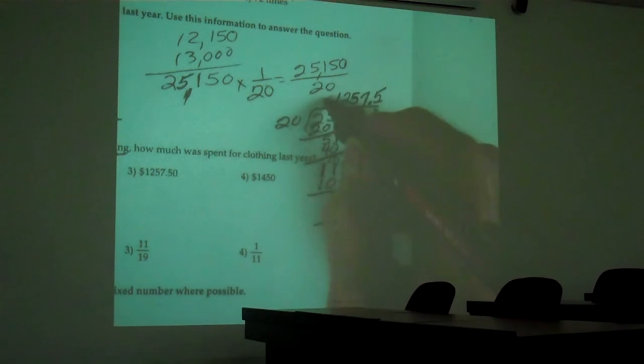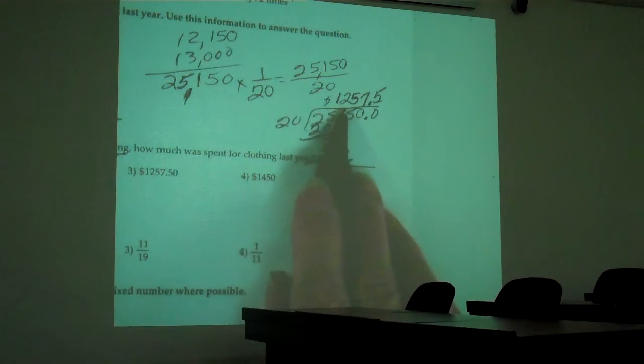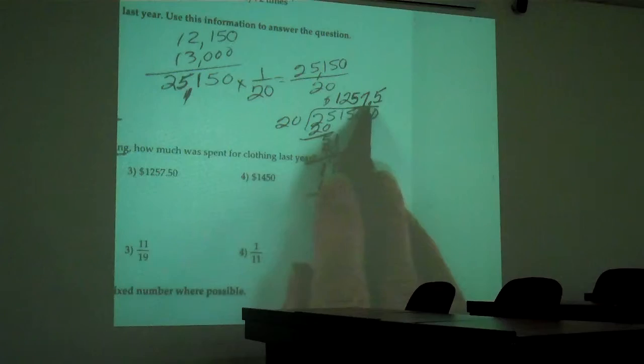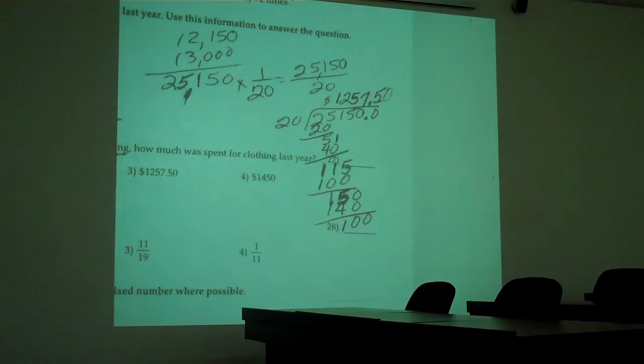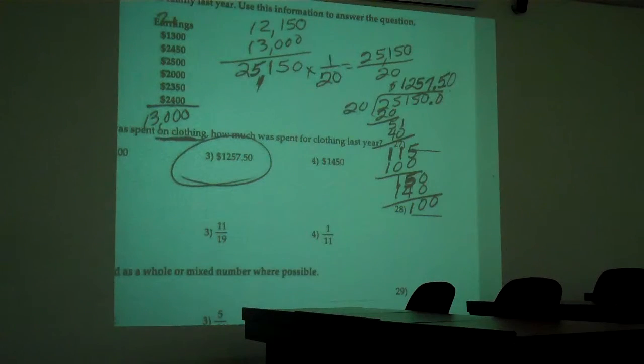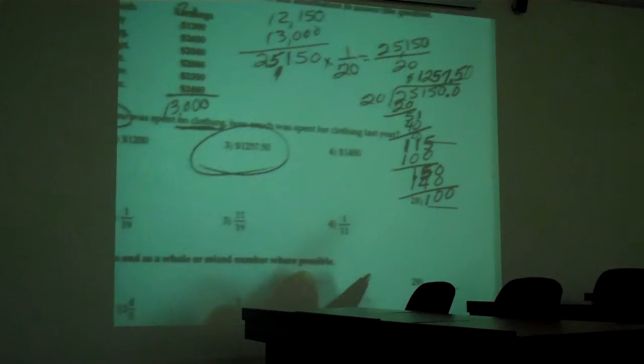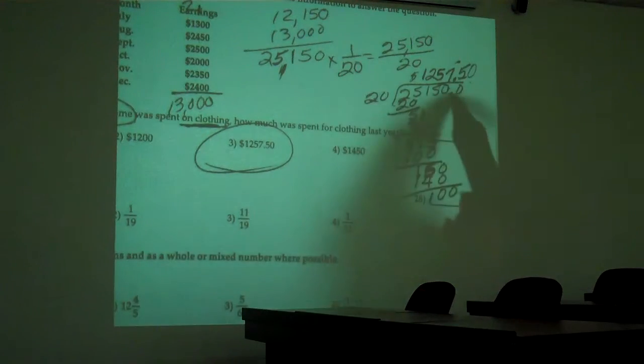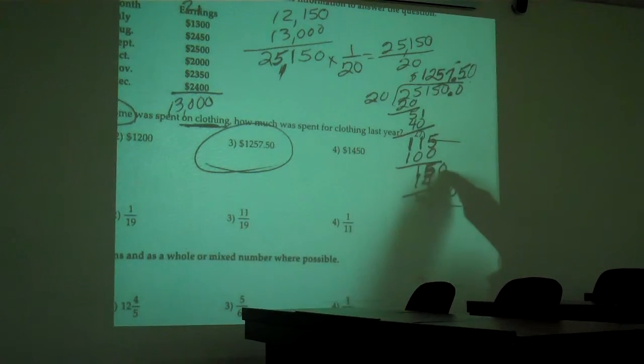So it's $1,257.50 is what they spend on clothing. That's a lot to spend on clothing, huh? Unless you just love clothes and that's what you spend all your money on. You made 25,000 and spent 1,200 on clothing. I think it's a lot. But that's how you get it. Remember to put the decimal if you have leftover numbers.